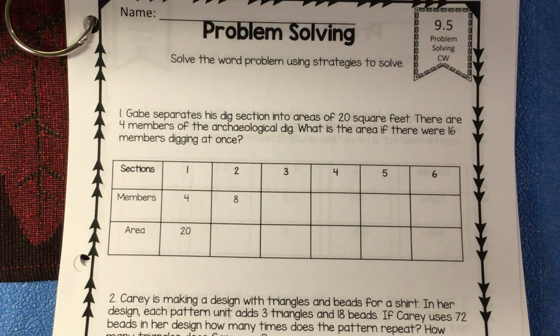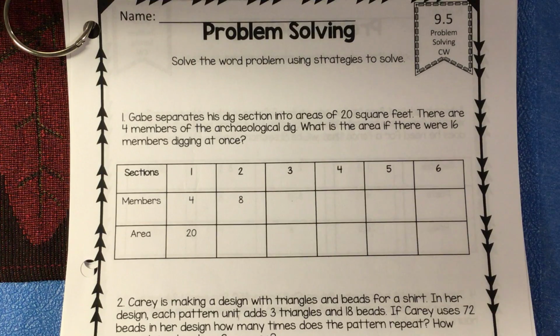Okay, so this is everyone's favorite, word problems, mixed with a chart. So let's read what it says, and then we're going to try to figure out the rule all the way across to answer the question. Okay? Gabe separates his dig section, so he's an archaeologist, into areas of 20 square feet.